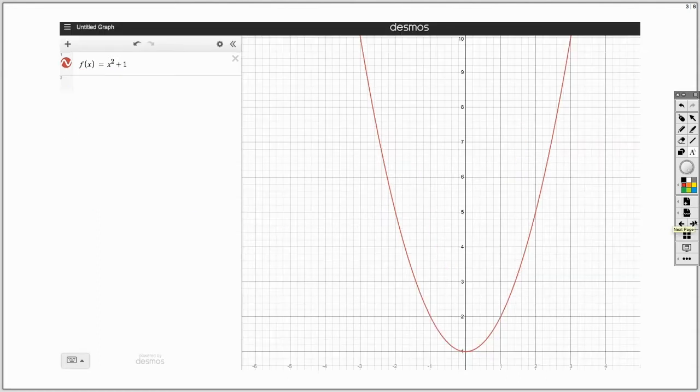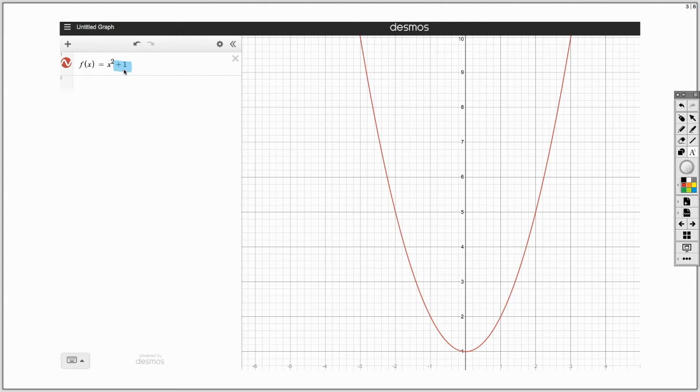What I mean by this is we have y equals x to the power of 2 plus 1. Whenever something is being added to or subtracted from the x to the power of 2, we can tell that it's vertical, meaning that it will either go up or down.